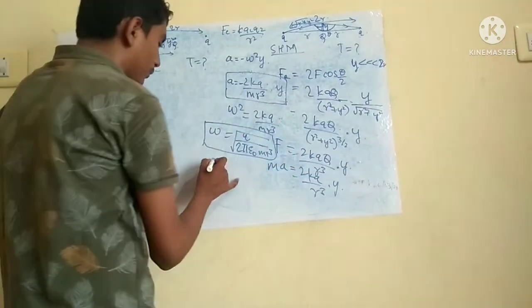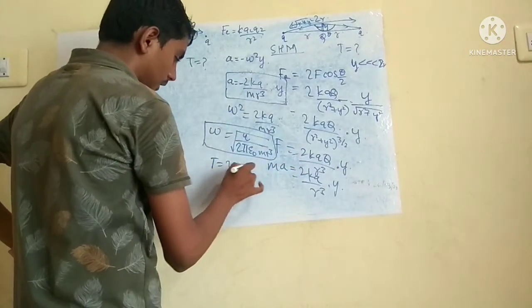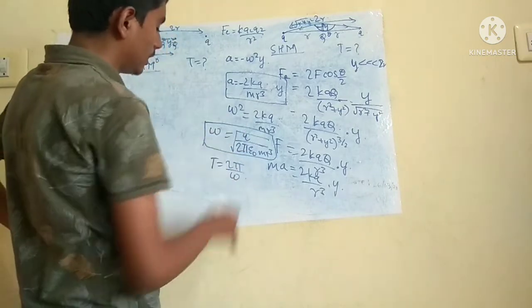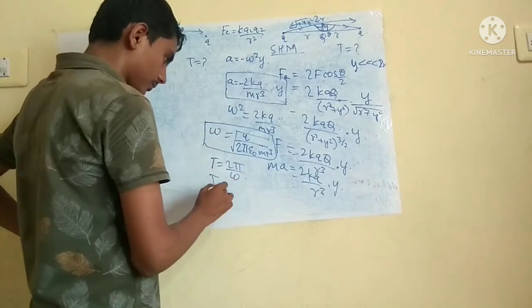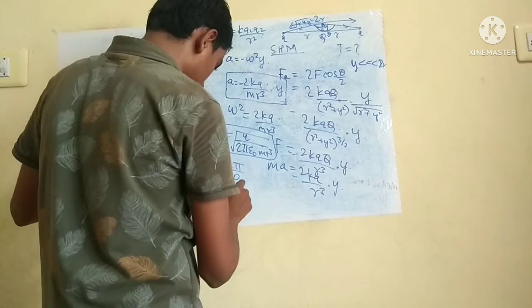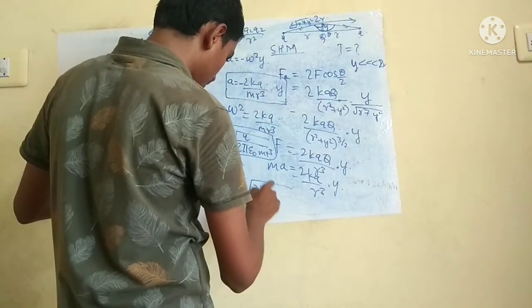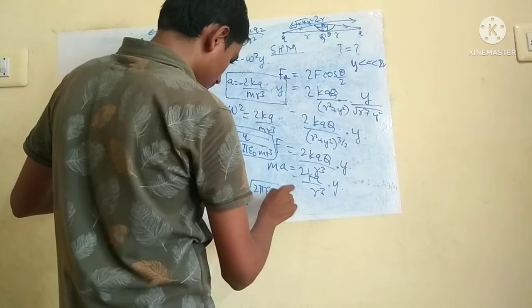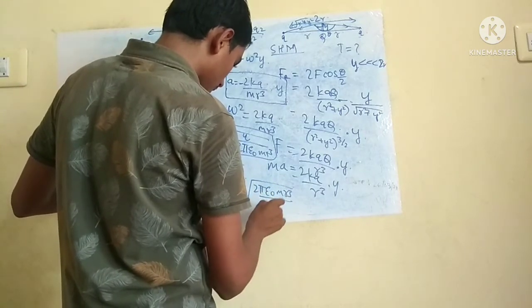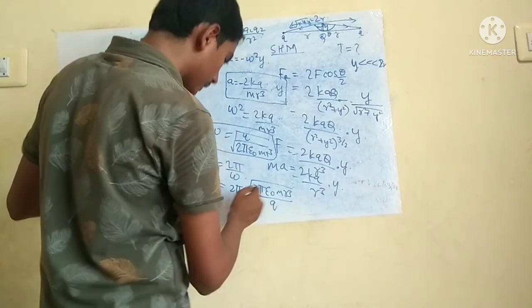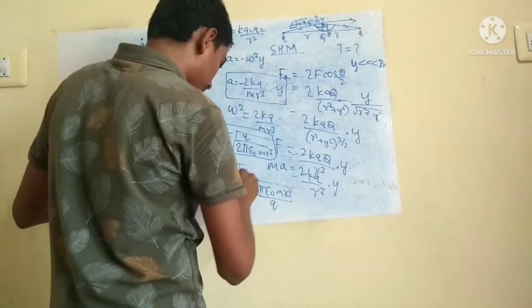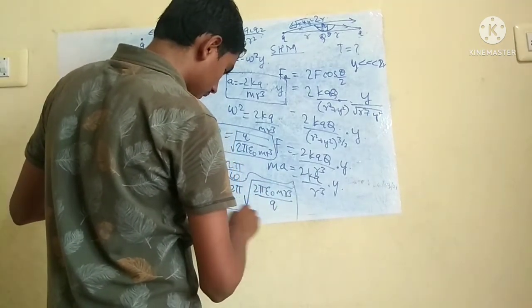Now what is time period formula from SHM? 2 pi by omega. Now equate this. It will come like this. 2 pi into root of 2 pi epsilon naught m r cube by q. This is time period formula in this situation.